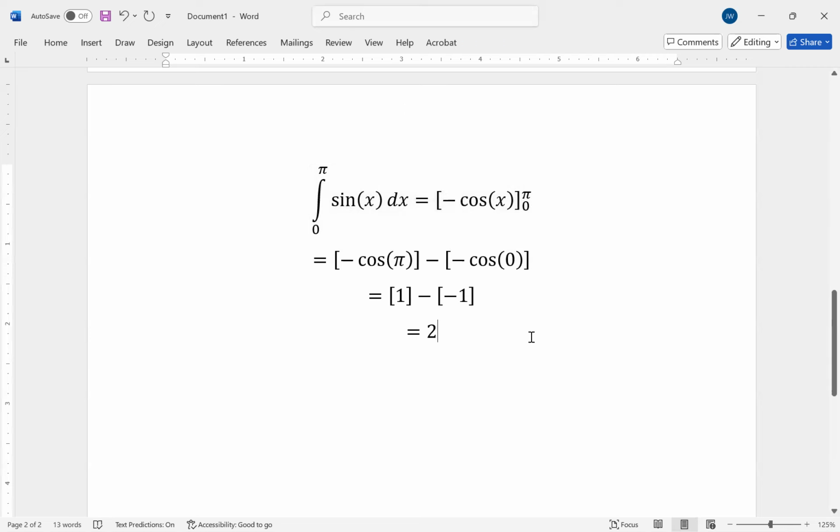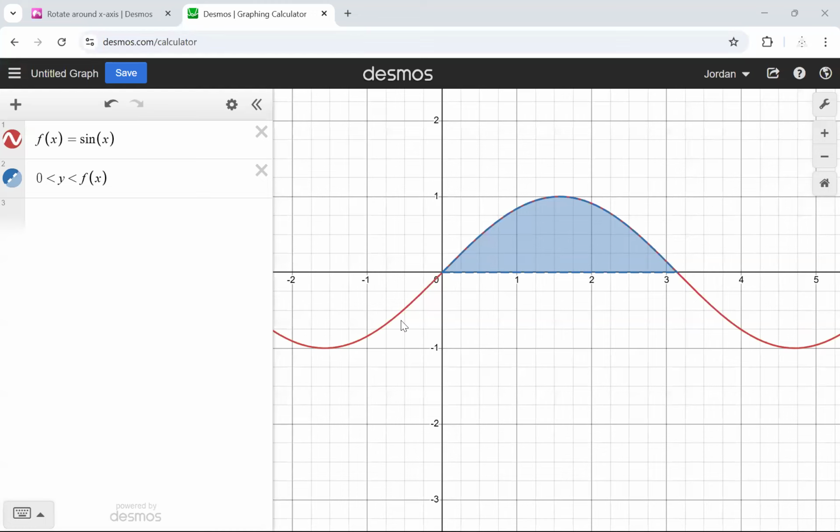That's a very nice whole number to deal with. And it's probably fairly surprising as well. If you think about the sine curve, it's this weird trig curve here, and you wouldn't think that the signed area is going to turn into a whole number.